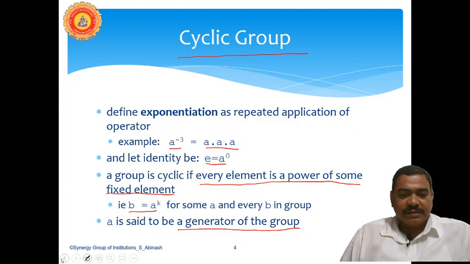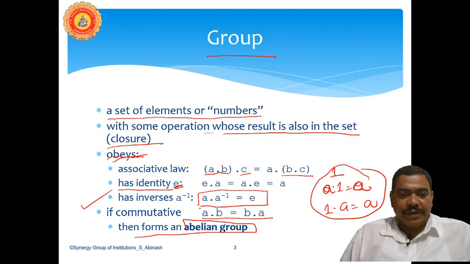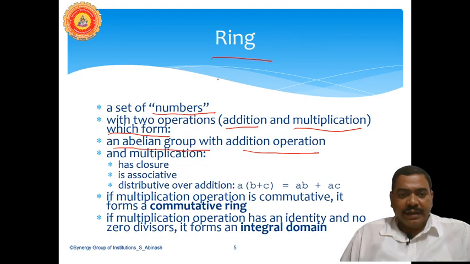Previously we have discussed that if it is commutative, then we can say it is an abelian group. So the ring with two operations, addition and multiplication, forms an abelian group with the addition operation, and in multiplication, it has closure.